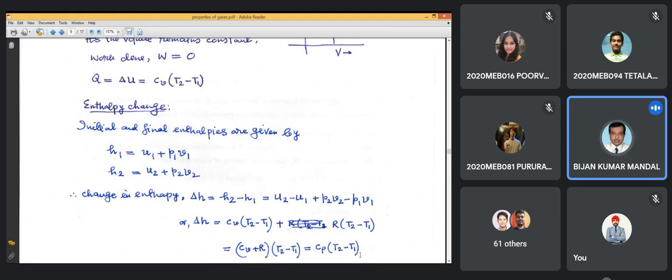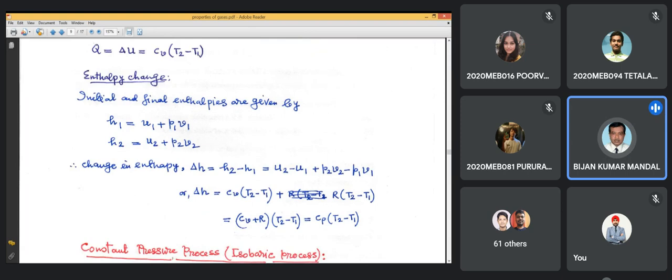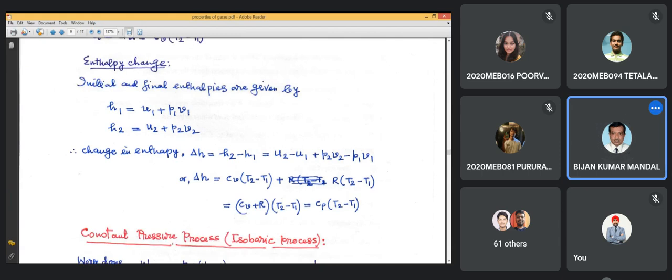This is the internal energy term and this is the pressure-volume product term. We already know that U2 minus U1 is equal to Cv into T2 minus T1, and P2V2 is written as RT2, similarly P1V1 is written as RT1. Taking R common, we get Cv plus R into T2 minus T1. And we will see afterwards that Cp minus Cv is equal to R. Therefore, Cv plus R is equal to Cp. So that is the enthalpy change.